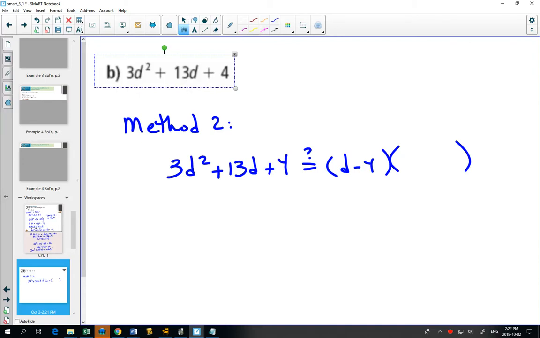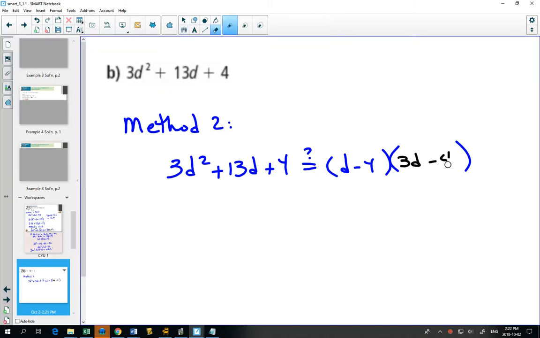Can you see the only way that I'll get 3d squared would be to have a 3d there. And the only way to get a plus 4 would be to have a minus 4, because minus 1. Thank you. Minus 4 times minus 1 is plus 4.